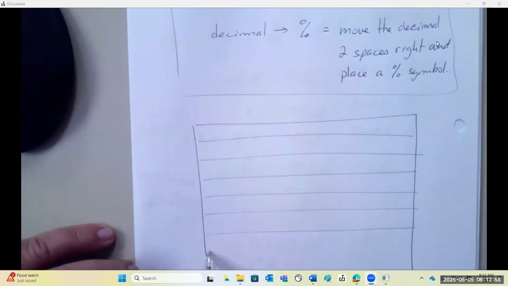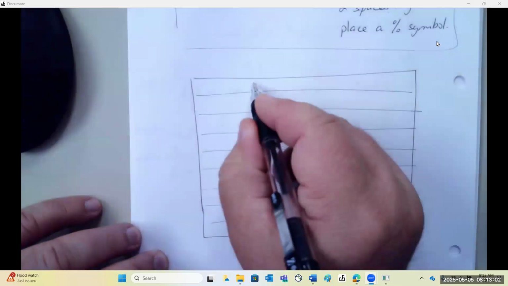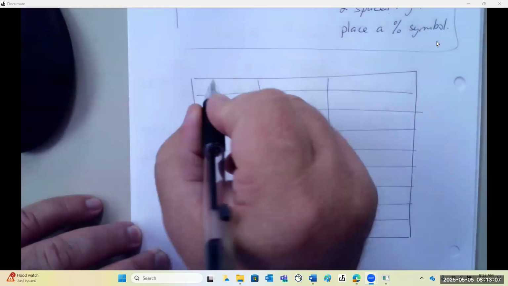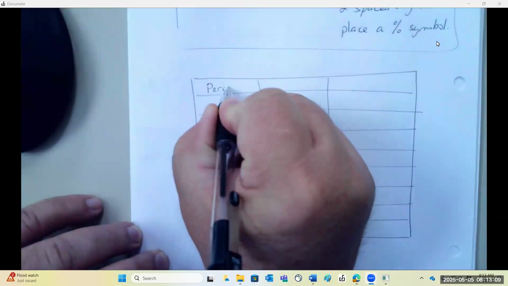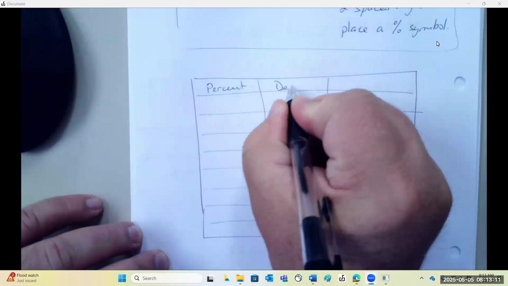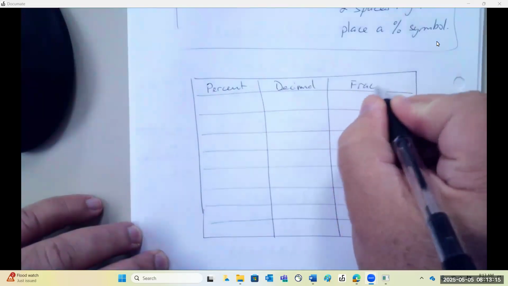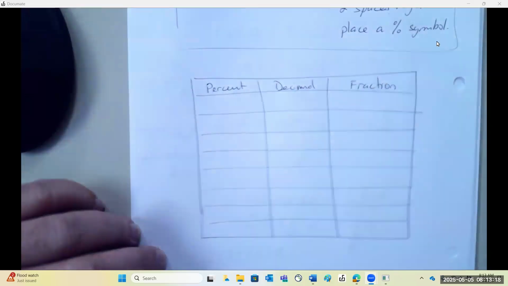To help see these connections, we have percent, decimal, and fraction.